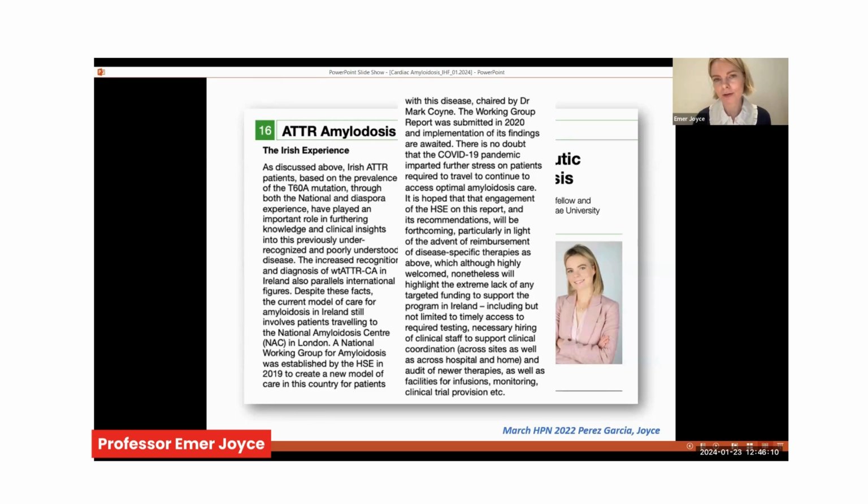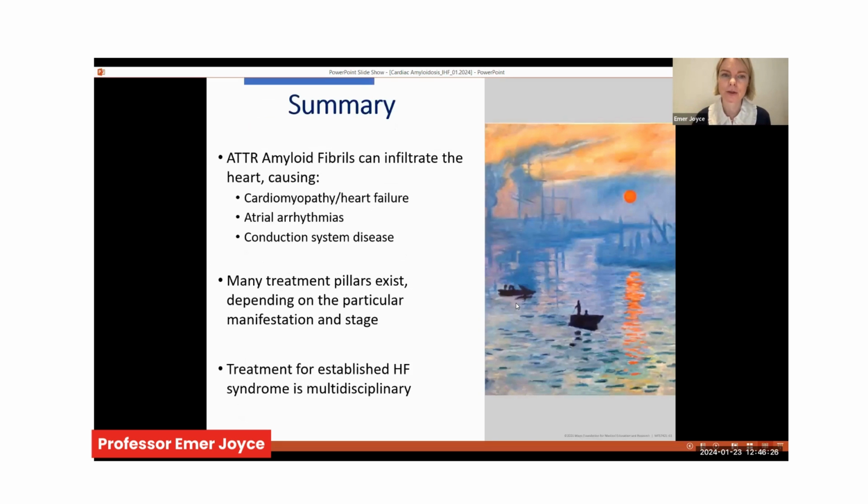We really need more of a funded service where we have multidisciplinary teams, admin support, registry support. We need to look at our outcomes, making sure that we're putting people on the right medications and that we're monitoring it. So there's a lot more to be done in terms of resources.